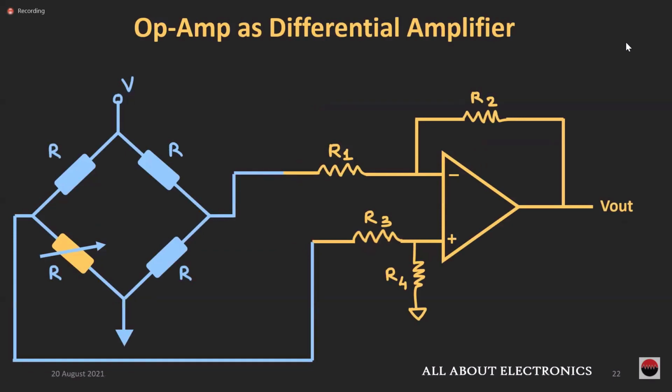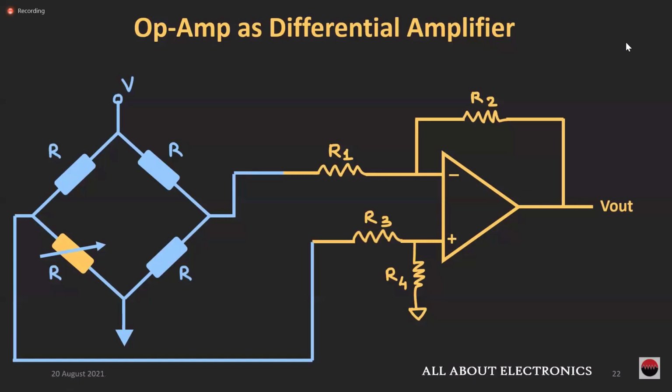And op-amp as differential amplifier. Here we have differential amplifier. Students, op-amp is an IC. It has two inputs. If we allow two different inputs at input ports R1 and R3, it is called differential amplifier.